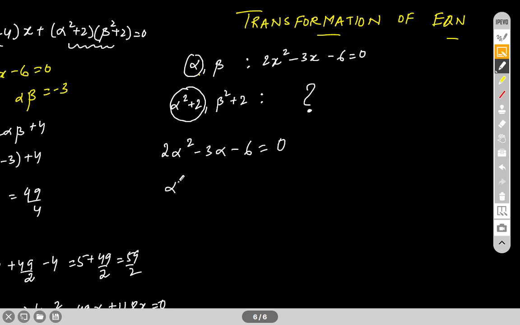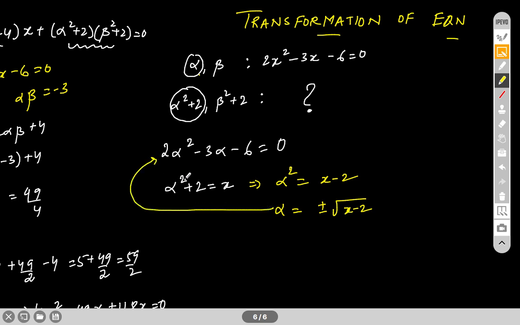Now I'll start calling this x. That alpha square plus 2 is x. That means alpha square is x minus 2. That means alpha is plus minus under root x minus 2. I'll substitute this over here.